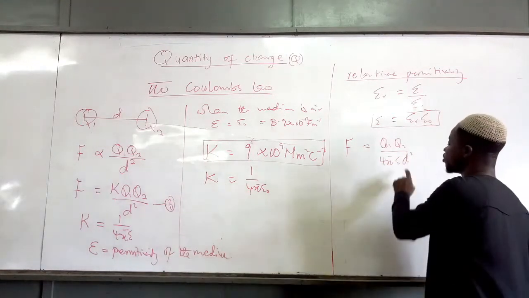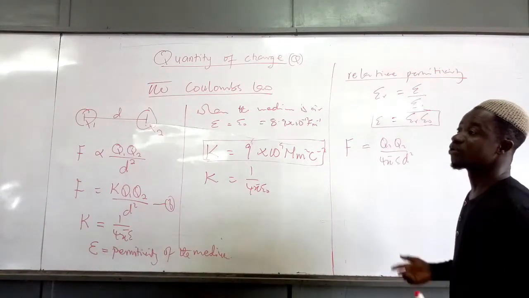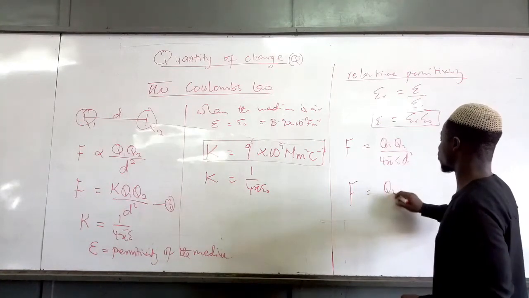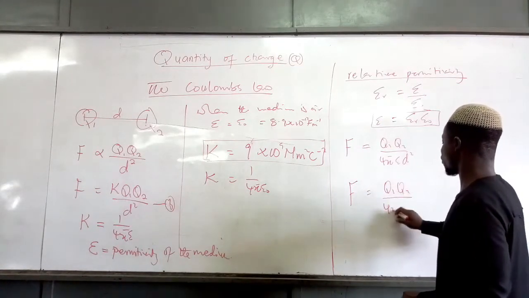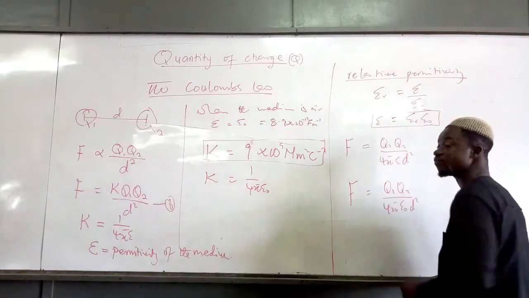That is when the medium is not air, when we're talking about any medium. Then we can also write it as F is equal to Q1, Q2 all over 4 pi epsilon naught d squared, where epsilon naught is the permittivity of free space.